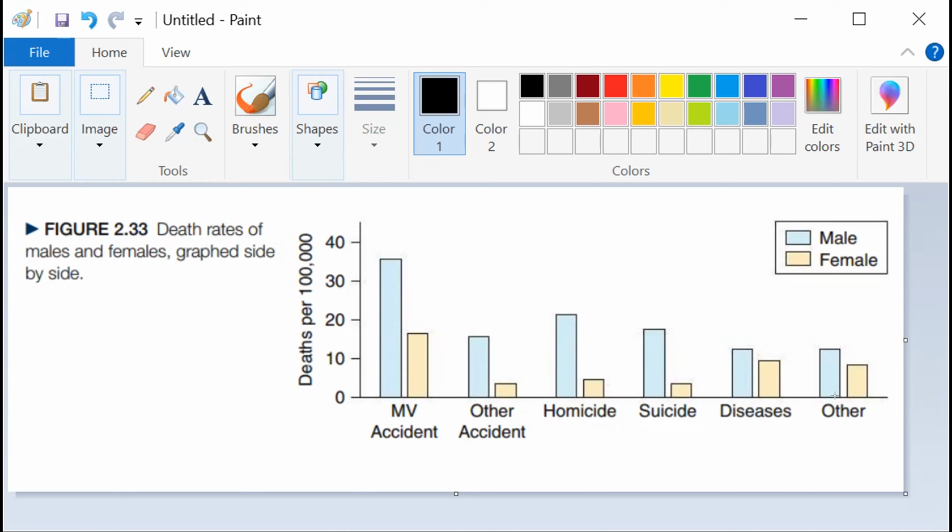Obviously people are equally likely to die, but all these different accidents and similar types of things that cause an early death are much more likely in men than in women. And so that's why women live longer lifespans than men do.